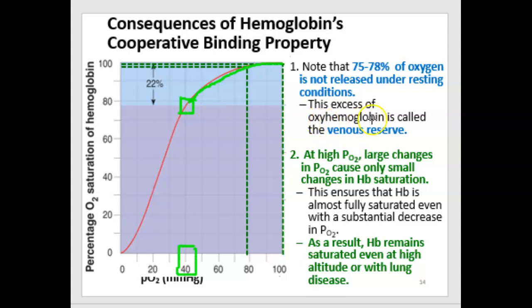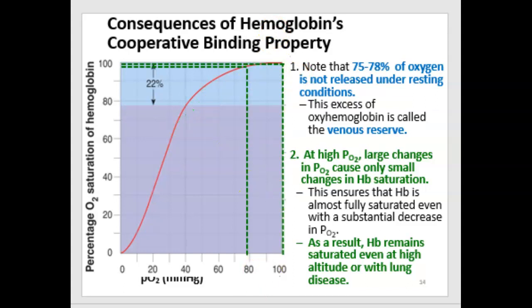That means that 75 to 78% of the oxygen that hemoglobin is carrying is not released, at least under resting conditions. It stays in the blood. And this excess of oxygen in the blood is called the venous reserve. That can be called upon if there's some sort of traumatic need. So that's really cool because it tends to want to bind more, right?